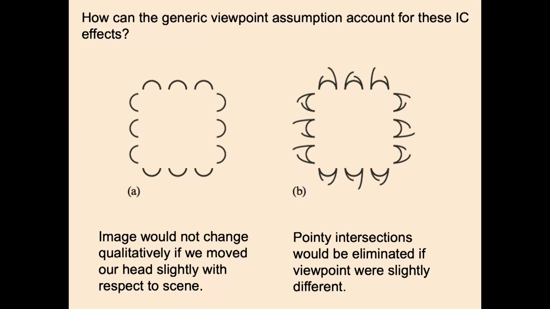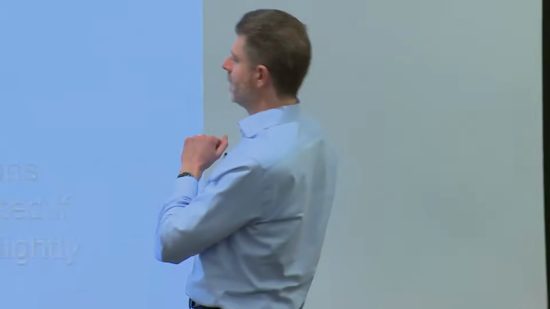And you can, at least qualitatively, think about this in terms of generic and accidental views. So let me back up. One way to think about what we see when we look at this is that there are two main possible explanations for the image.